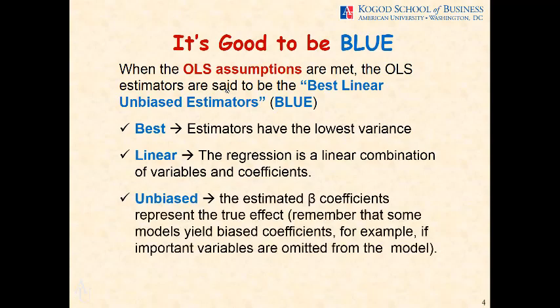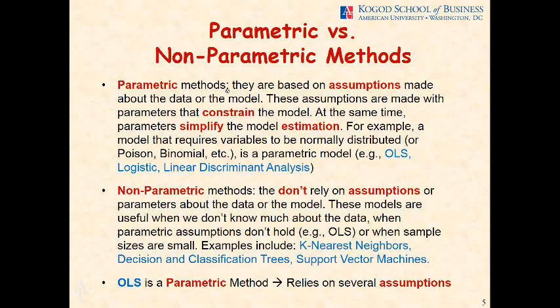And unbiased means that the beta coefficients represent the true effect. We never know the true effect, but we may have an idea what the true effects are, and if the beta coefficients are not representative of a true effect, we say that those coefficients are biased. And again, if the OLS assumptions hold, the OLS is unbiased. Then if that happens, we use OLS and we're done.